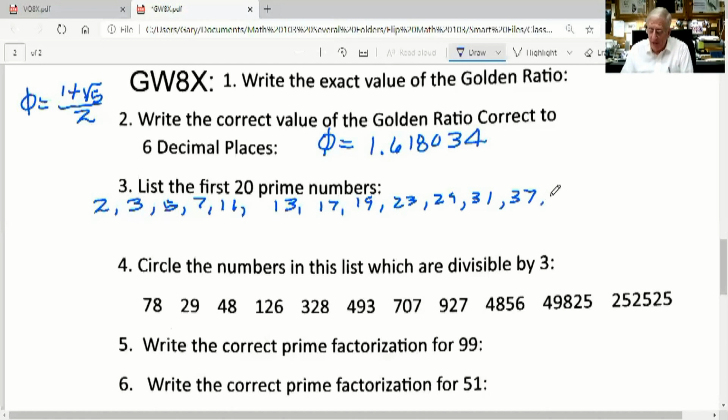So the next number we have to go to is 41. So let's see, 1, 2, 3, 4, 5. I had 5 more there, so I have only 3, so I need 2 more. So to make my 15th one, 43, 45 is divisible by 5. So next one is 47.